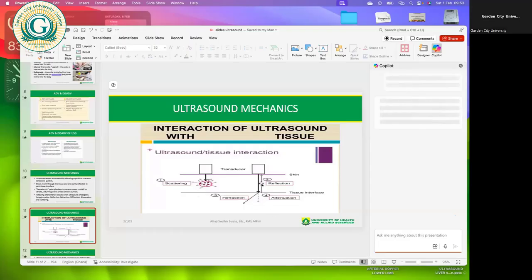Those that reflect back, the returning echoes, are the ones that are useful to us. The reflecting echoes are received again by the transducer and sent to the control system to amplify and interpret on our screen in various modes. The interaction is what we call attenuation.